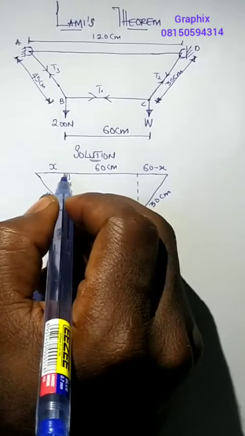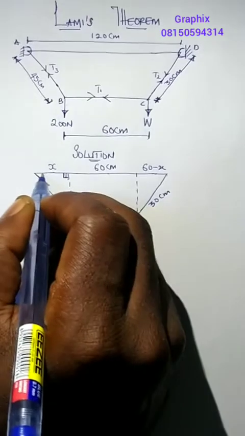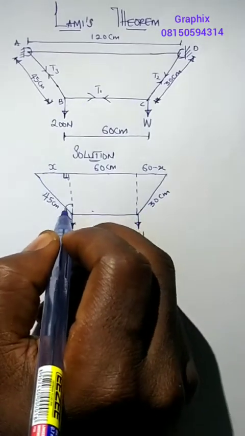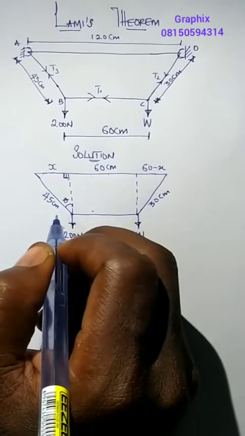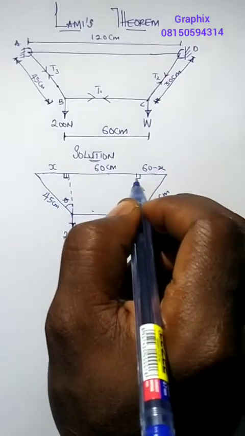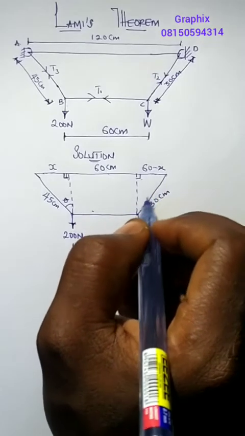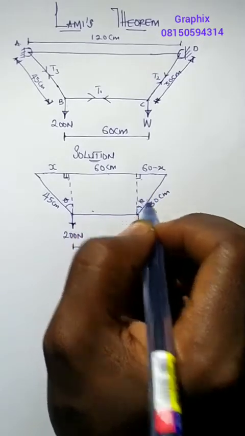Now we know this is our angle 90, and of course we'll be looking for x, so this is our angle theta. This is also our angle 90, and this is our angle theta.